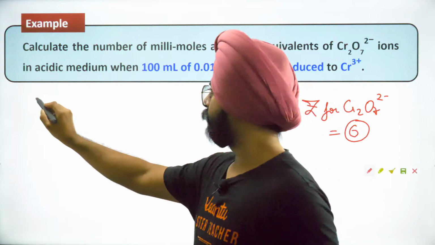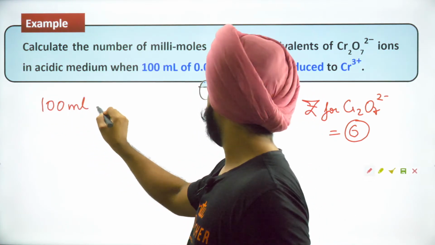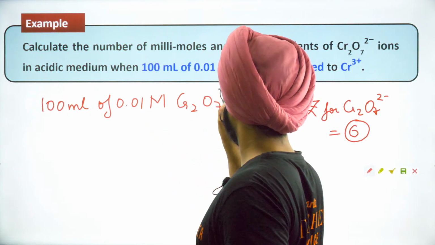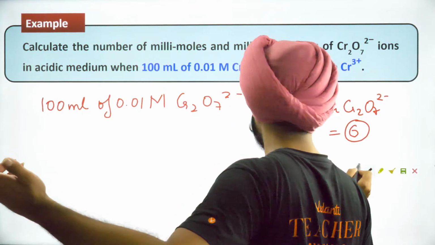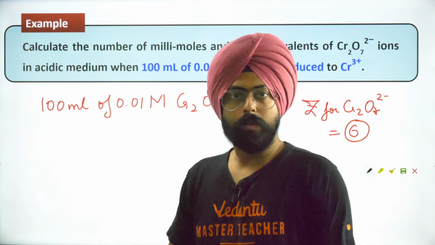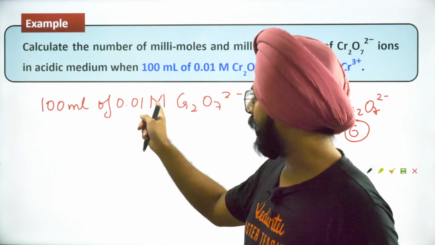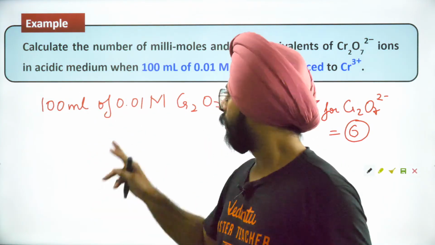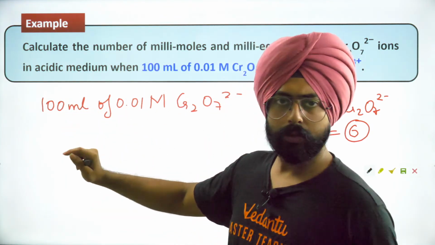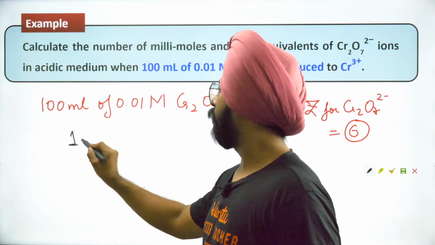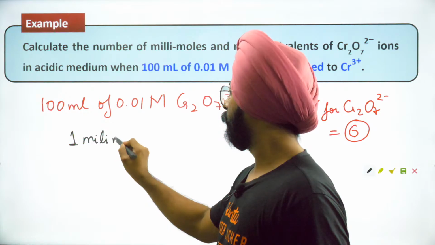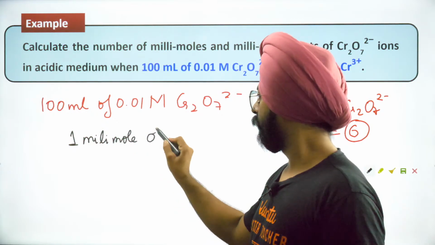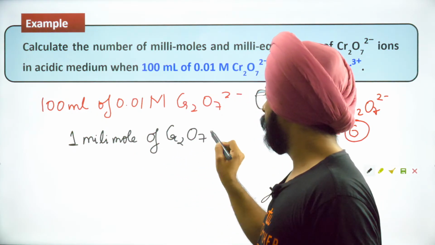So you've got 100 milliliters of 0.01 molar Cr2O7 2 negative. Everyone should know this. Molarity into volume gives you number of moles. Molarity into liters gives moles. Molarity into milliliters gives millimoles. So how many millimoles are there? I've got 1 millimole, isn't it? 100 into 0.01. 1 millimole of Cr2O7 2 negative.